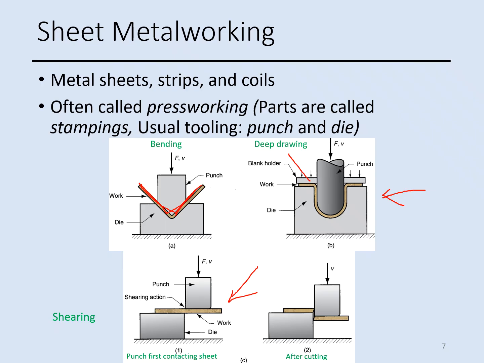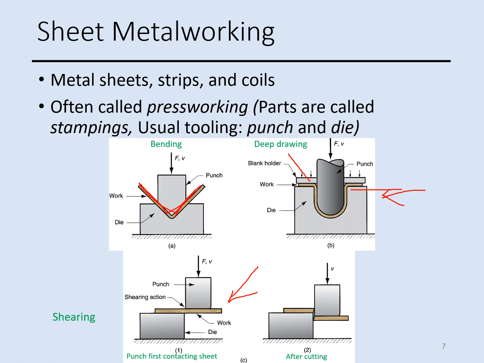As you see here, deep drawing refers to forming a flat metal sheet into a concave shape. It can be a cup. So originally, this workpiece was flat.